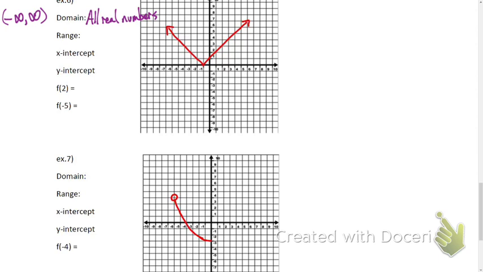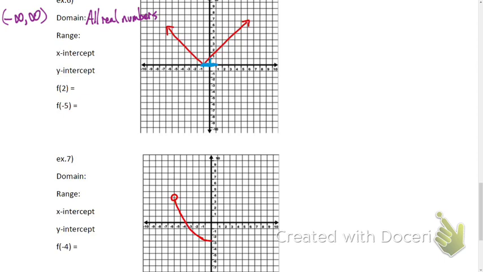Range, we are scanning it bottom to top. I'm only looking at y values at the y-axis. So this is the starting point where you see that purple dash. Let's get a brighter color. Let's do a blue maybe. Does that show up a little more? So that's the starting point on the y-axis.